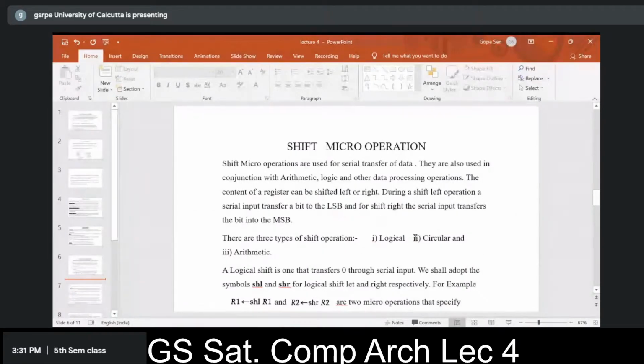Now, what is actually executed when a logical shift operation is executed? Logical shift operation is again of two types, shift left and shift right. Symbolically, the logical shift left and shift right are represented by the symbols SHL or SHR.